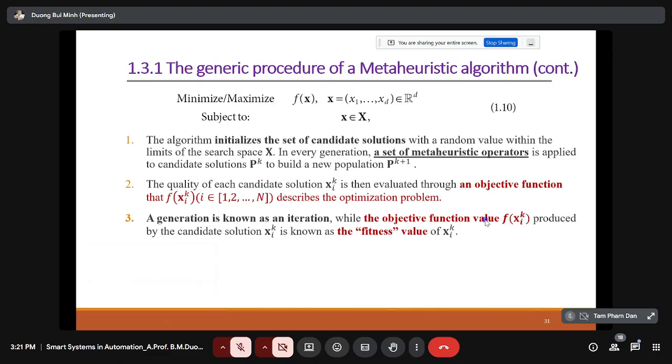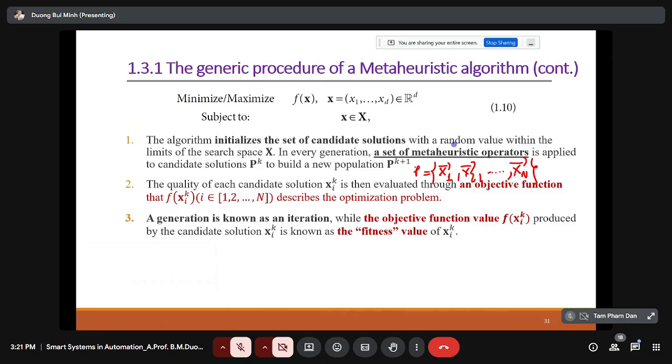So when we update, we now have a population with solutions x1, x2, and so on up to xn.